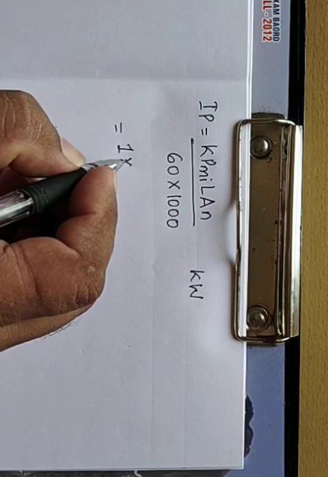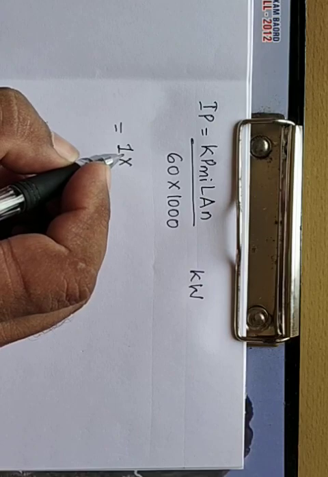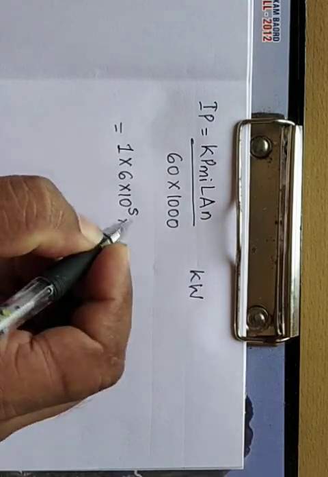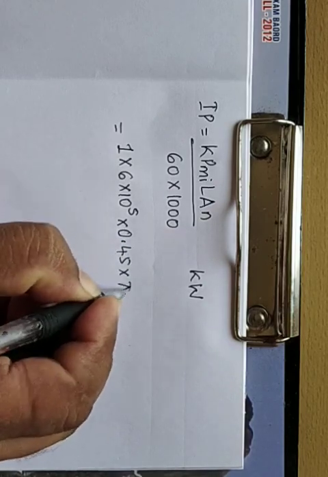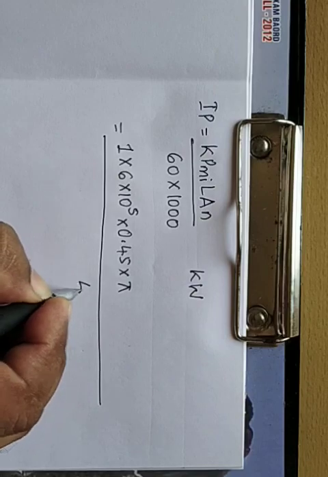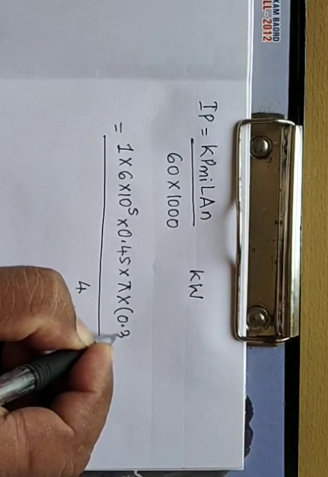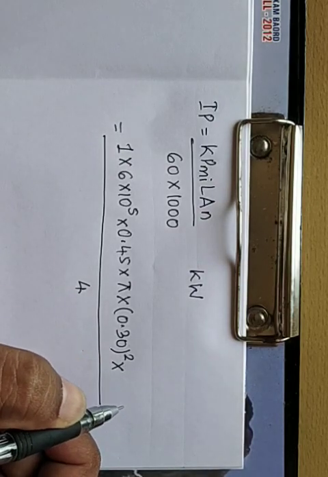PMI, mean effective pressure, is given in the problem. It is 6 into 10 to the power 5 into L, that is 45, that is 0.45 into pi by 4 D square. D is 30, so 0.3 whole square into N. Small n is equal to capital N by 2.